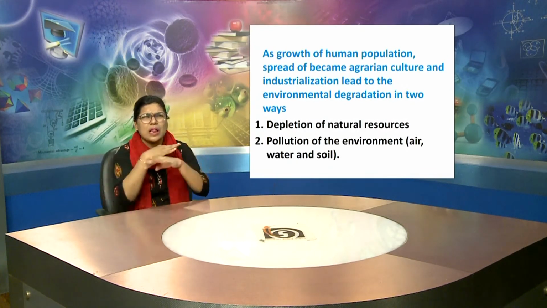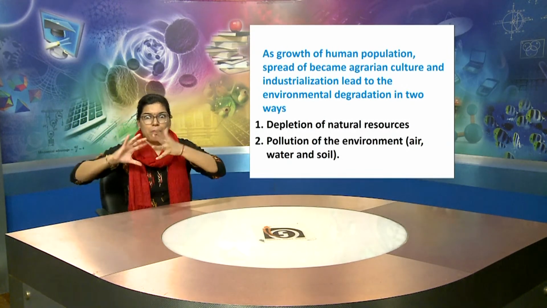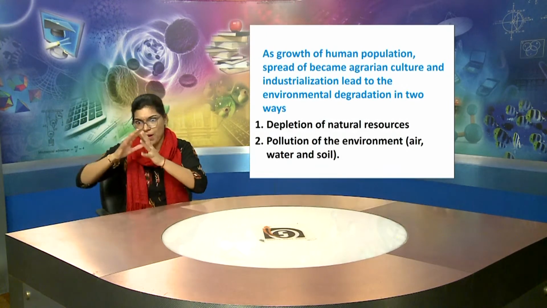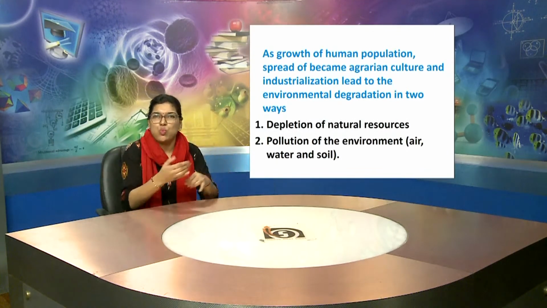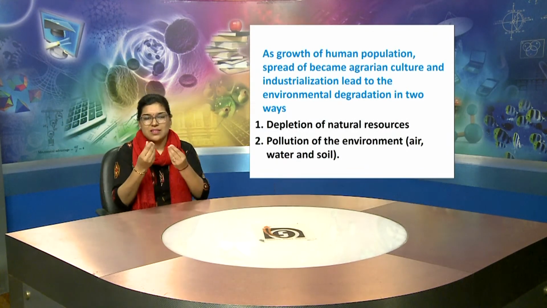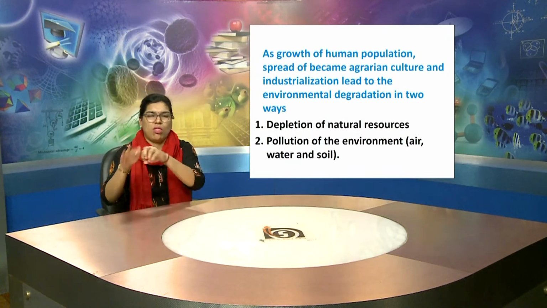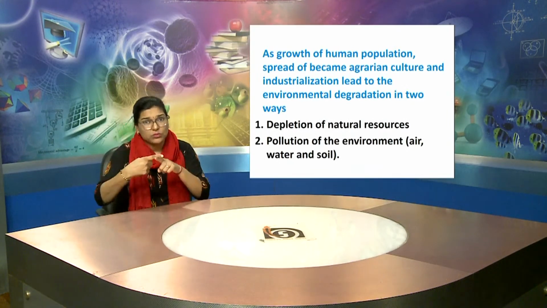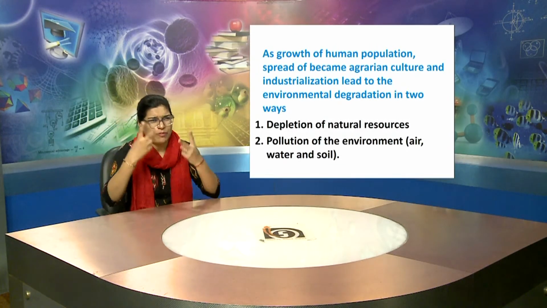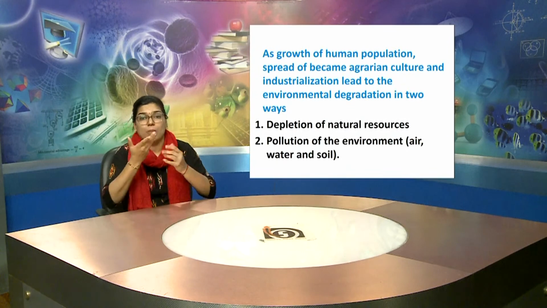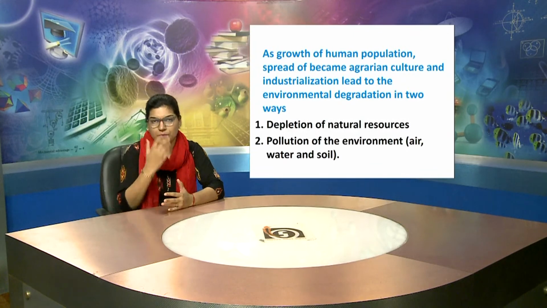And the second reason is pollution of the environment: pollution of air, pollution of water, and pollution of soil. So the pollution of environment and depletion of natural resources are the two main consequences.